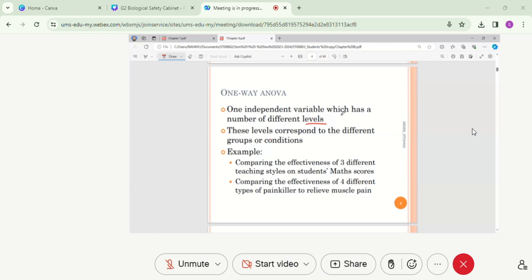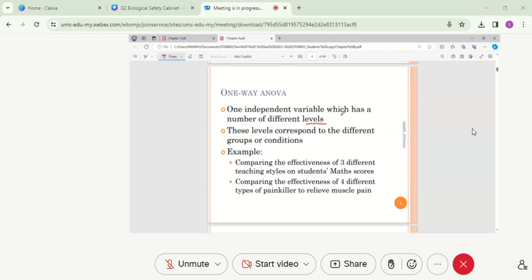For example, when you are comparing the effectiveness of 3 different teaching styles on students' math score. You give a diagnostic test to your students, and then you get their math score or bio score, whatever is related to your programs.